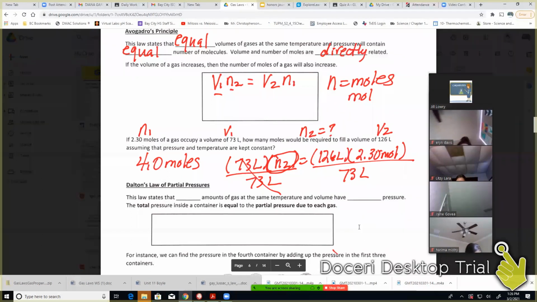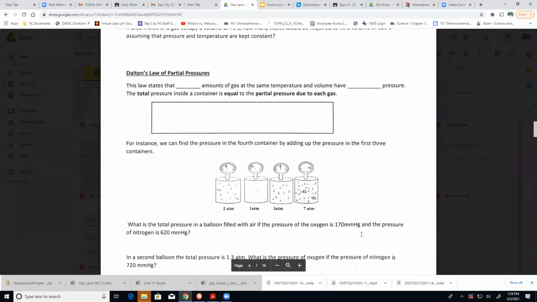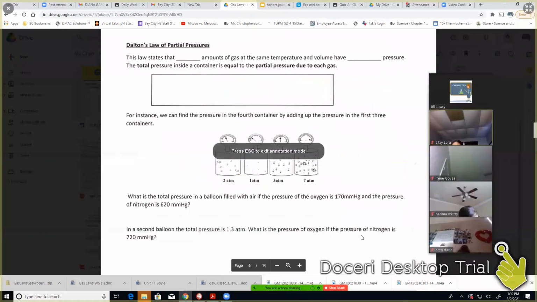Dalton's is a little bit different because you're adding up different things instead of it being multiplication or division. So Dalton says the law states that equal amounts of gas at the same temperature and volume have equal pressures.